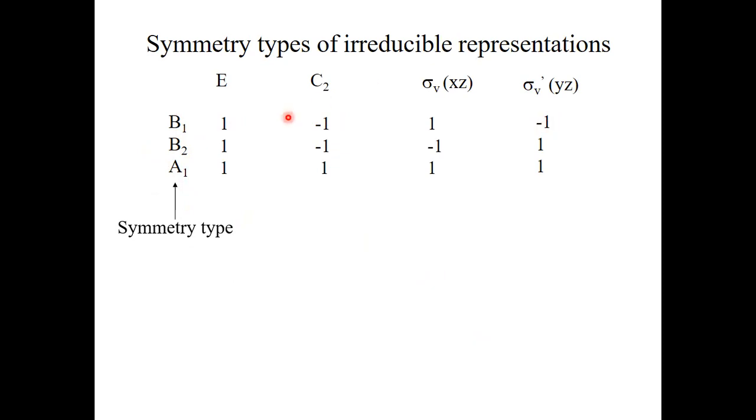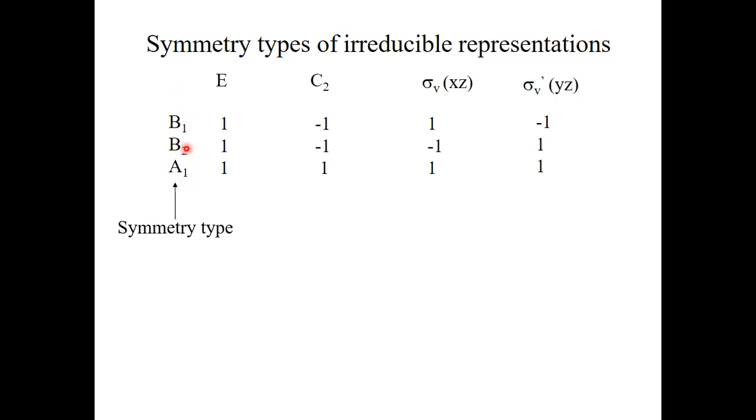So for instance, the irreducible representation for the x coordinate is of B1 symmetry type, that for the y coordinate is of B2 symmetry type, and the one for the z coordinate is of A1 symmetry type.